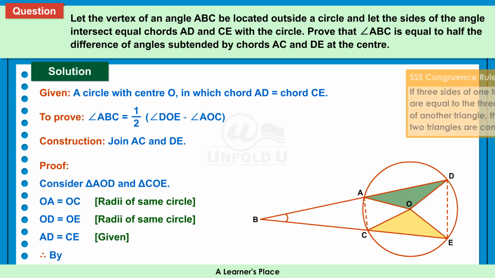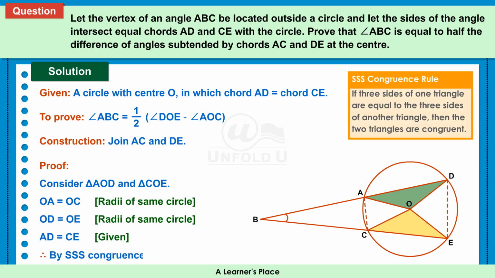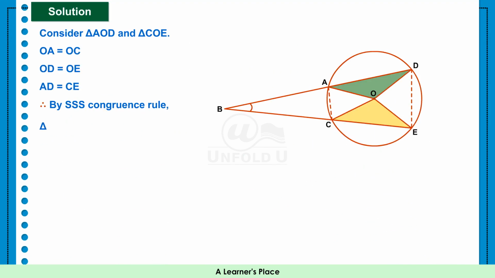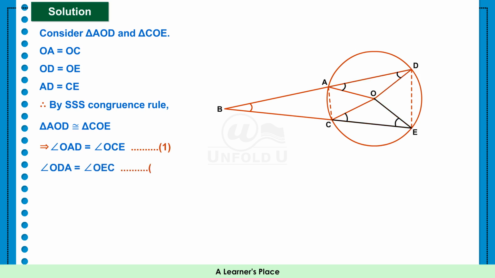Therefore, by SSS congruence rule, triangle AOD is congruent to triangle COE, which implies that angle OAD is equal to angle OCE and angle ODA is equal to angle OEC.